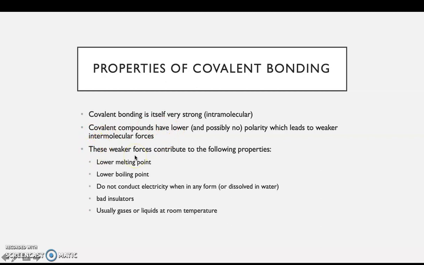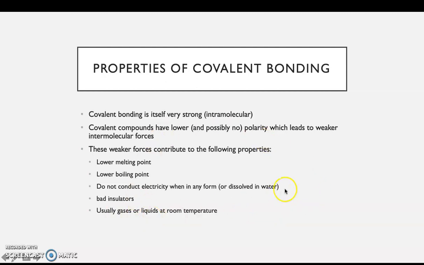These weaker forces contribute to the following properties: lower melting point, lower boiling point. They do not conduct electricity in any form or when dissolved in water, so they're not conducting electricity whether they're a solid, liquid, or gas. They are bad insulators, okay? And they're usually gases or liquids at room temperature.